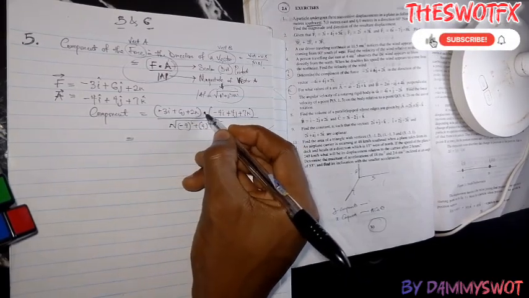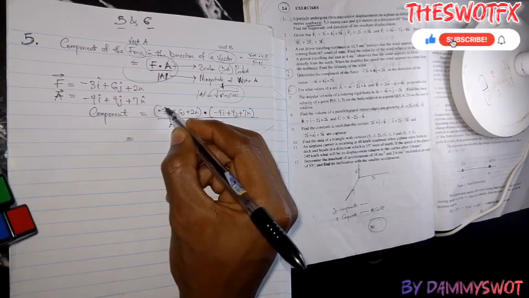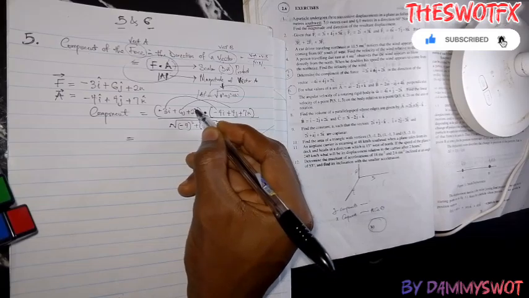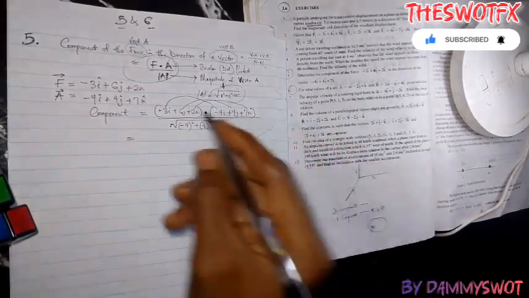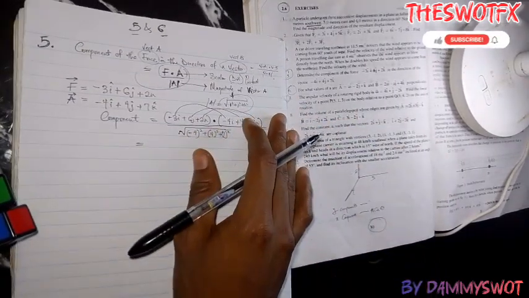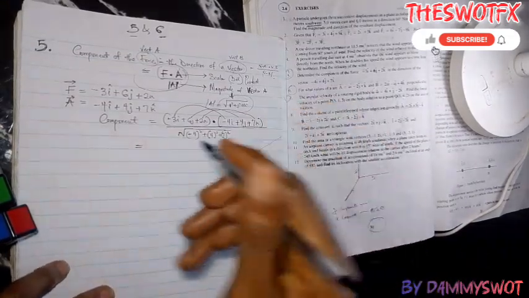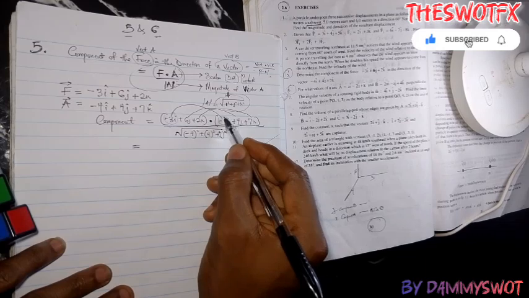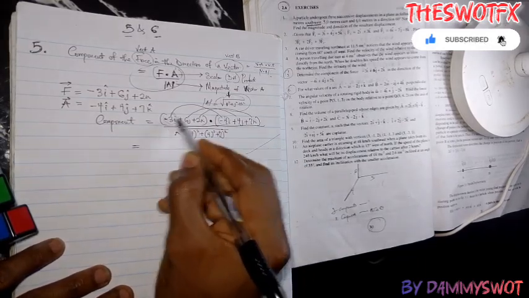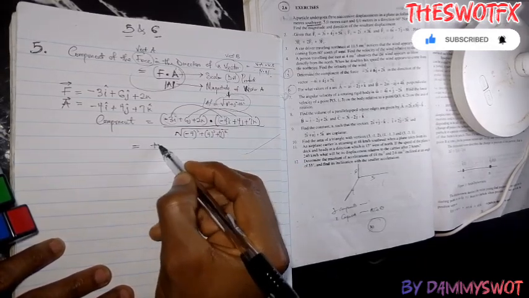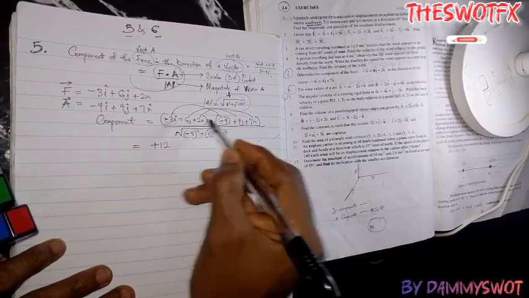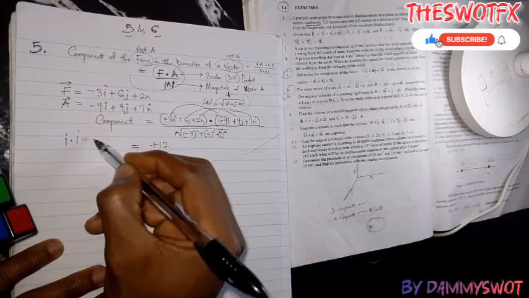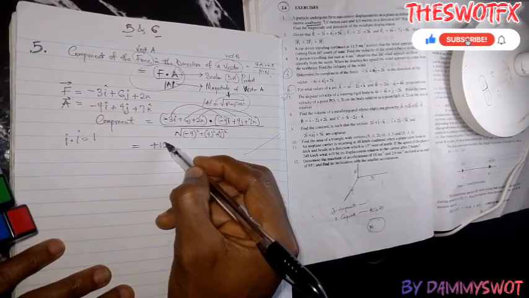Now, how do we multiply using the scalar dot product? We use i to multiply i, we use j to multiply j, then we use k to multiply k, each displacement for each direction. So this times this: minus 3 times minus 4, that will be plus 12. i dot i in scalar dot product is equal to 1, so that's 12 times 1, that's 12.